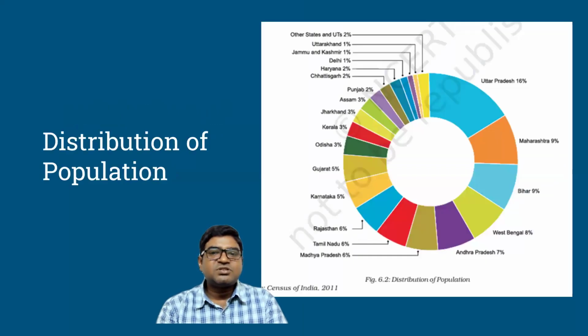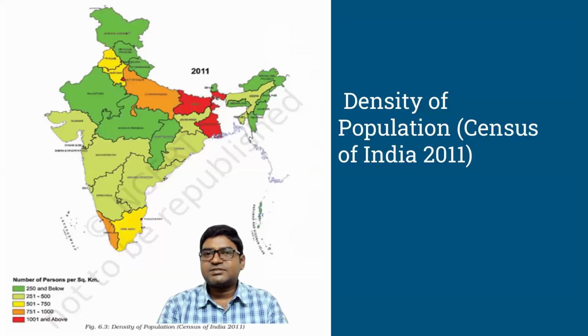And see the distribution of the population. The state Uttar Pradesh is the largest, followed by Maharashtra, Bihar, West Bengal, Andhra Pradesh, and then we have the rest of the states. And coming to the lowest states, we have Uttarakhand, and then the 7 sister states in the northeast, which have low population regions.